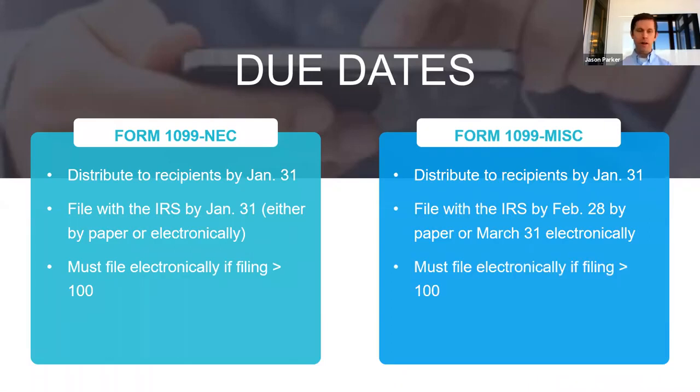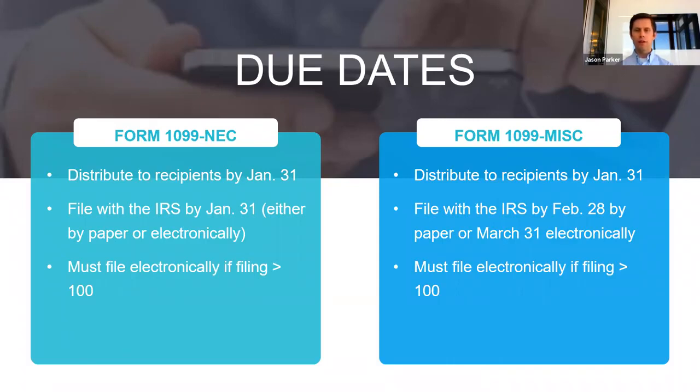Form 1099-NEC and Form 1099-MISC need to be distributed to recipients by January 31st. For Form 1099-NEC, you need to file it with the IRS by January 31st also, whether you are filing by paper or electronically.